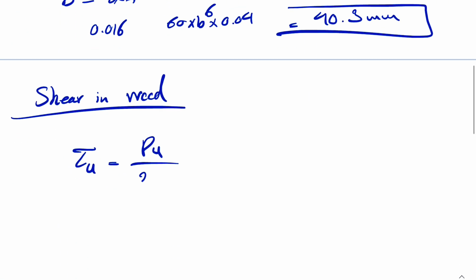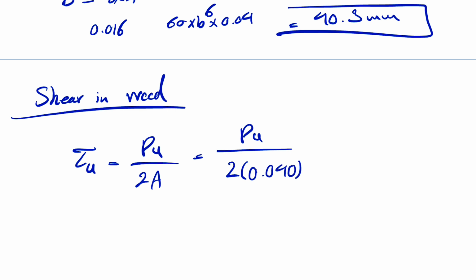So we have 2A. We have the ultimate force over the one side, which was what we have for the width, 0.04, or the 40 millimeters that we had, and C is the unknown.